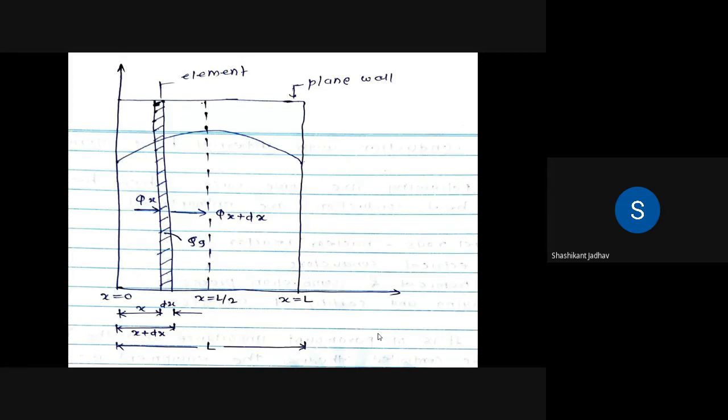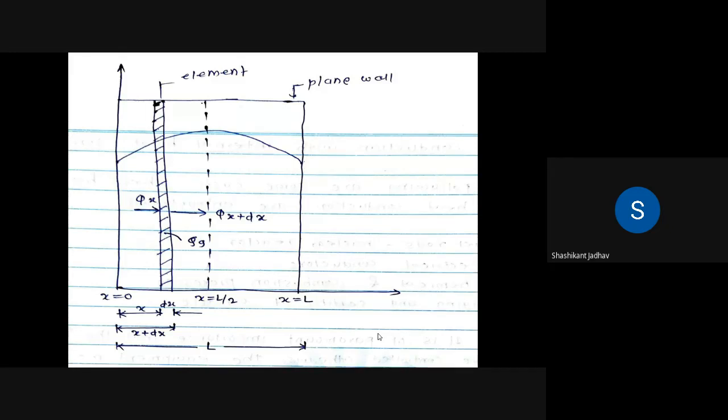Okay, so already related to this plane wall we have written the information. For this plane wall we have to calculate the value of Q when there is internal heat generation.